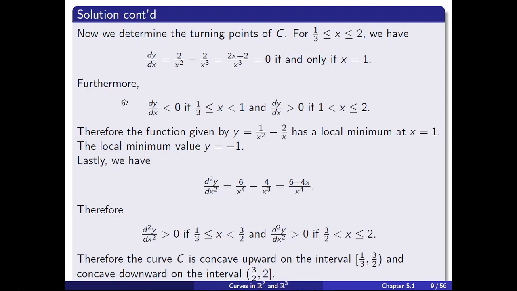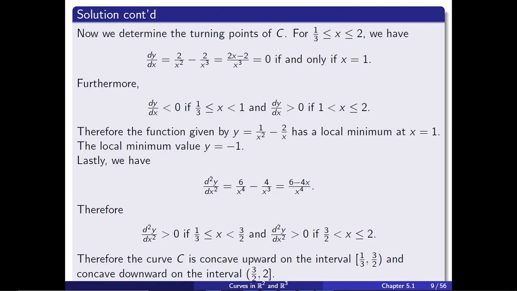So our graph looks something like that, right? And so therefore it means that we have got a local minimum, based on the shape that we have just noticed. So we have a local minimum at x is equal to 1, and then we can find the y value for that local minimum.